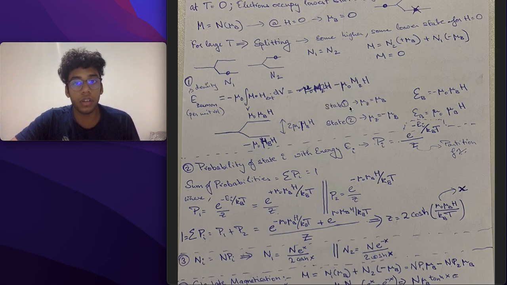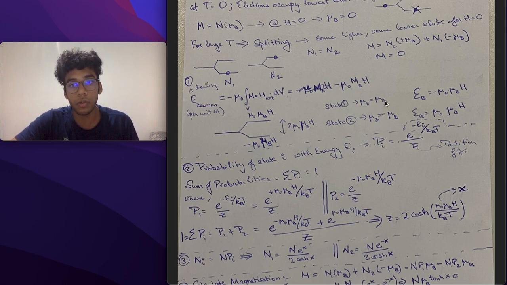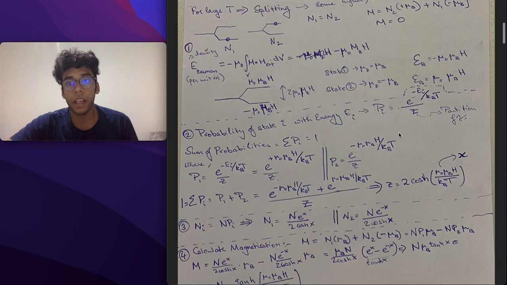Now the energy of state 1, which is your spin up state, is given by mu z equal to mu B, and E B is equal to minus mu naught mu B H, right? However, for spin down, you have mu Z equal to minus mu B and E B equal to mu naught mu B H, right? The signs flip, right?